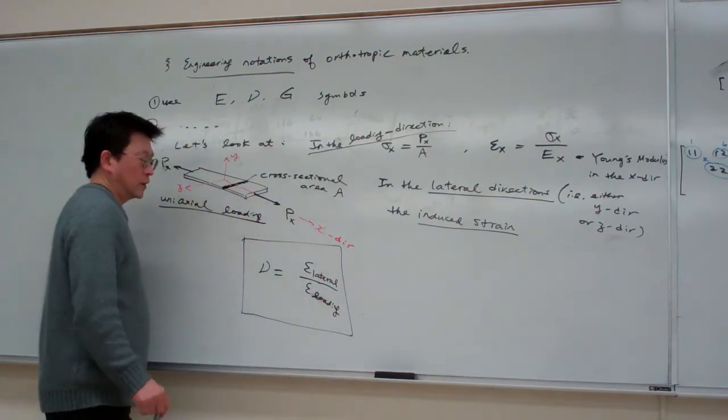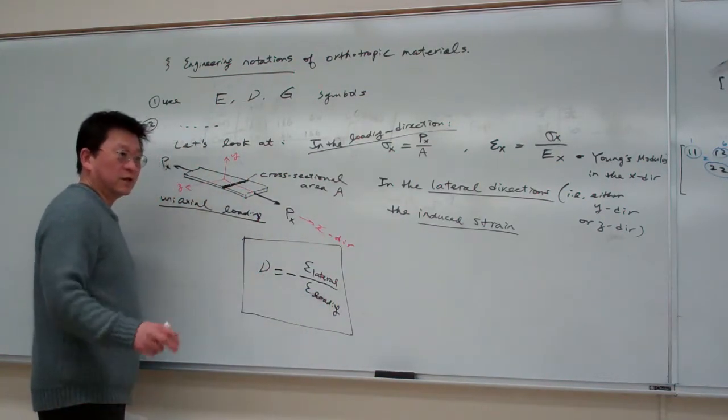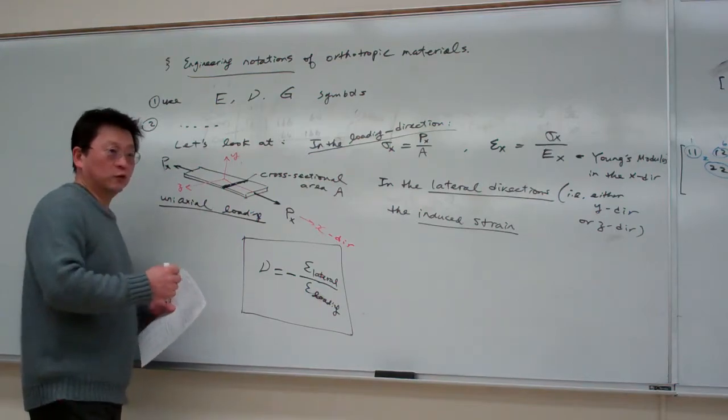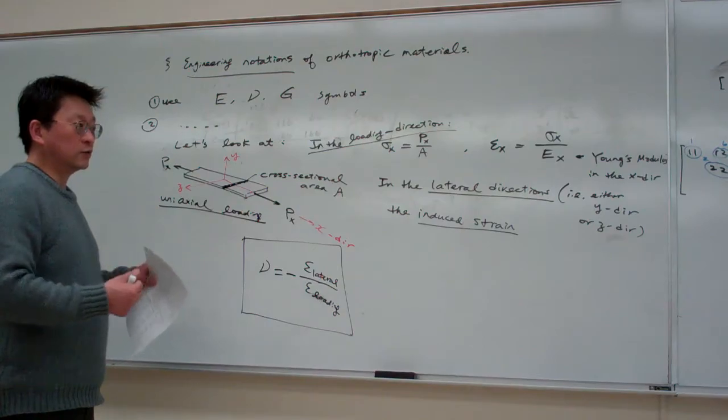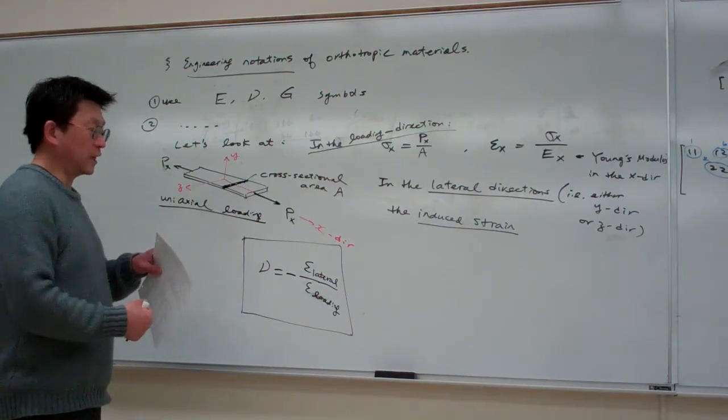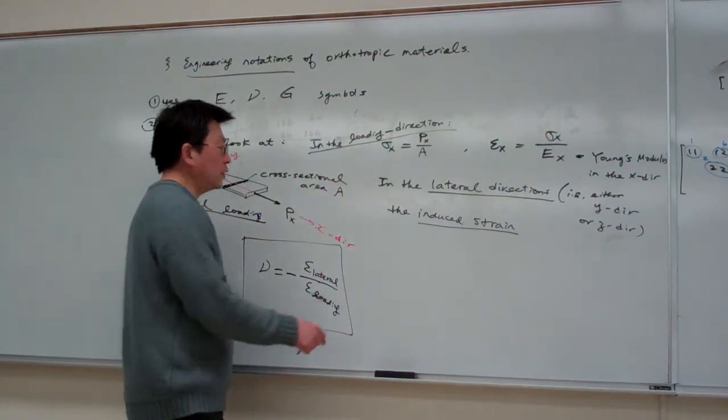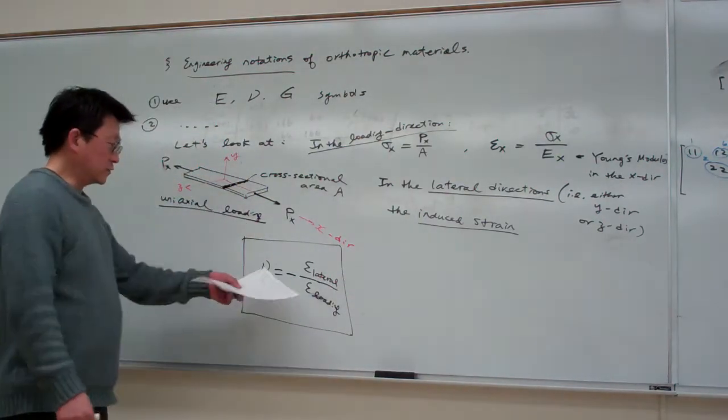Okay, and we put a minus indicating that the contraction or expansion is basically opposing the nature of the loading. So now for this case, we can use a similar way.